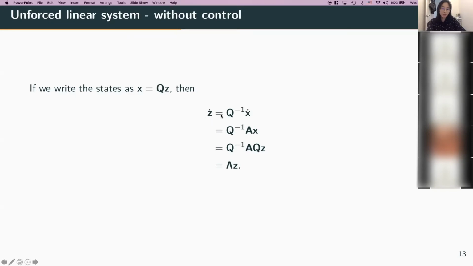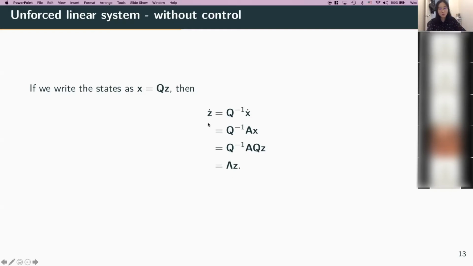And by definition, this is just equal to Q inverse x dot. And x dot, we can write in terms of our original ODE, so x dot equals Ax. And then x by definition, we can plug in Qz here. And then Q inverse AQ is just equal to our matrix of eigenvalues.